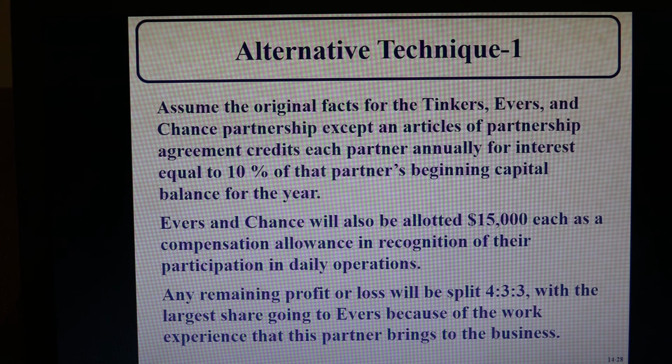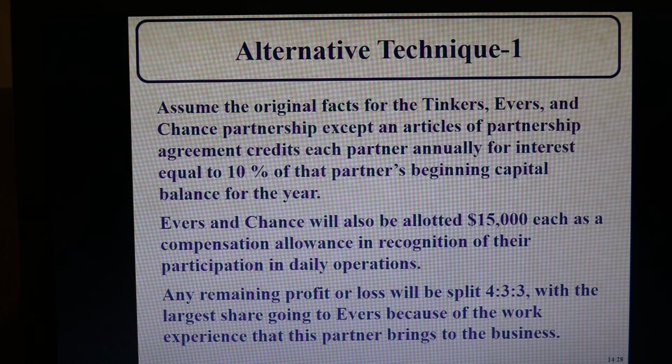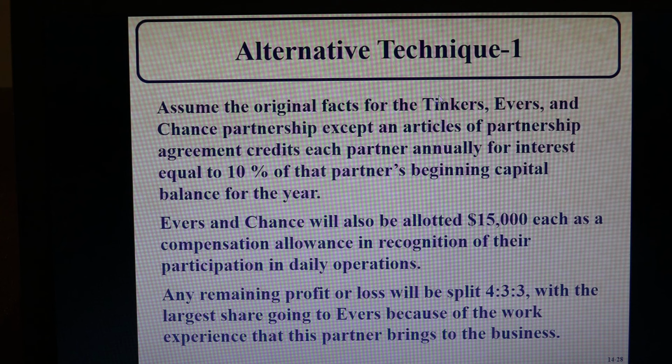Evers and Chance will also be allotted $15,000 each as compensation allowance in recognition of their participation in daily operations. Any remaining profit or loss will be split 4-3-3, meaning 40-30-30%, with the largest share going to Evers because of the work experience that this partner brings to the business.